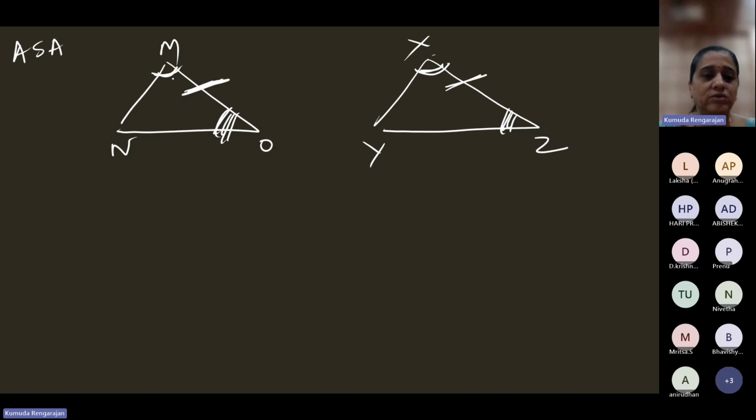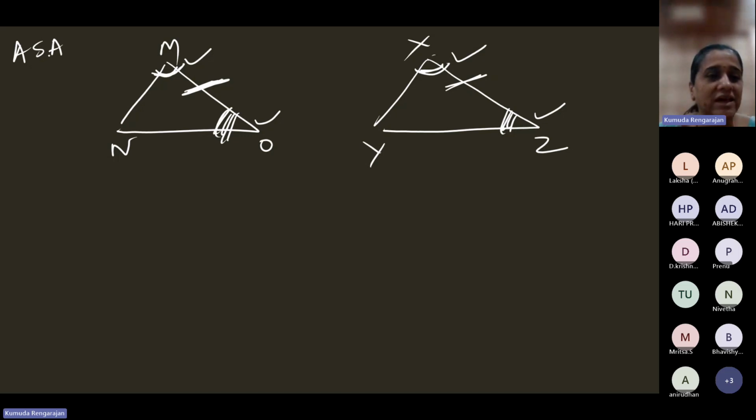This is angle M, this is angle O, and this is side MO. If you're talking about angle M and angle O, then MO is the included side. And here if you're talking about angle X and angle Z, XZ is the included side.